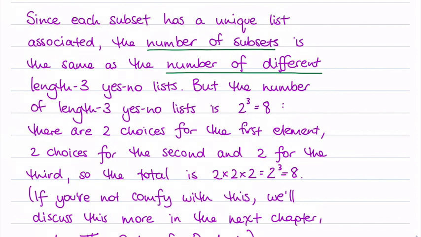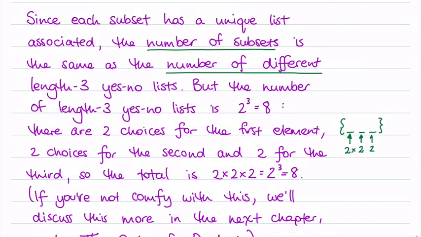Because what we think about is, well, if we're thinking about some 3-element yes-no list, there are two possibilities for the first element. It's either yes or no. And then there are two possibilities for the second element. Again, yes, no, and the same two possibilities for the third.